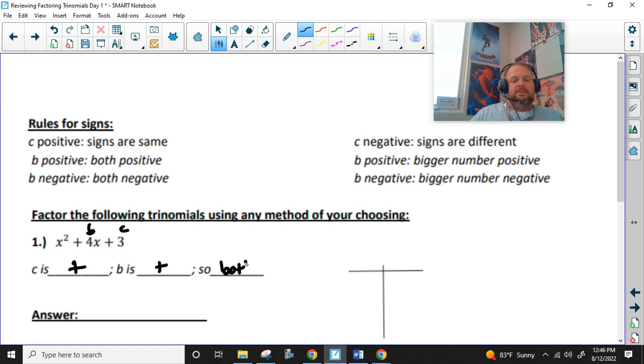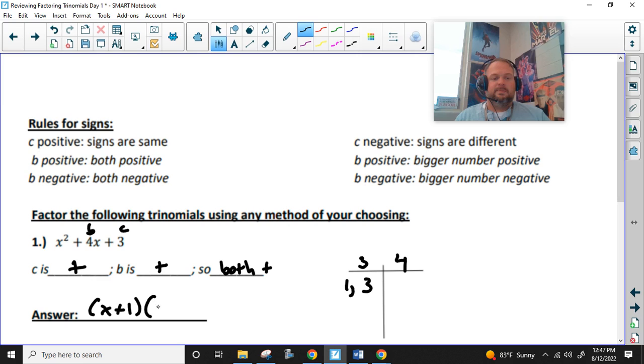So they're both positive. Again, if students have to do this, that's fine. But if you know 3 is a prime number, it only has 2 numbers that it can be. Its factors are just 1 and 3. So x plus 1, x plus 3. And we're done.